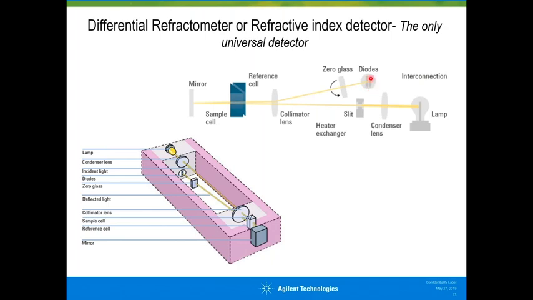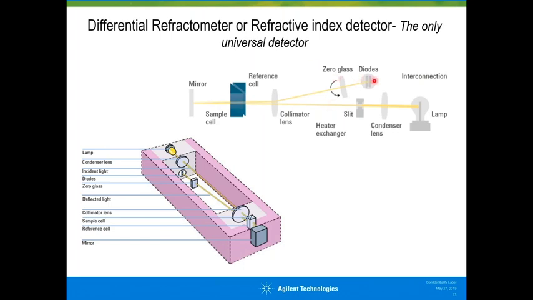When the sample elutes from the column into the sample cell, the refractive index of the cell contents will change. This change in refractive index will deflect the light beam as it passes through the flow cell. So here the refraction phenomenon will take place, and an unequal amount of light would fall on the diode.